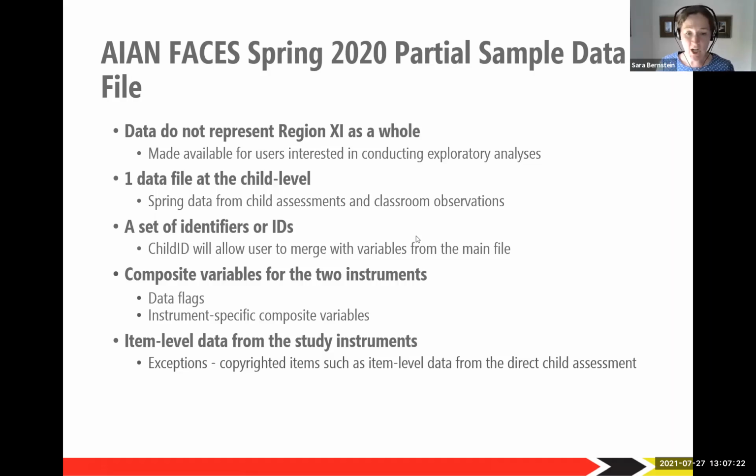Again, that's a single child level file that includes data from 2 instruments, the assessments and the classroom observations. Again, there's a unique identifier for the child, for the classroom, et cetera, on that file.